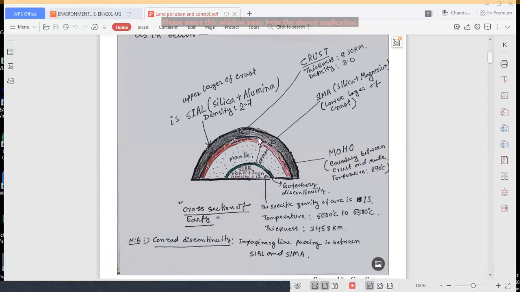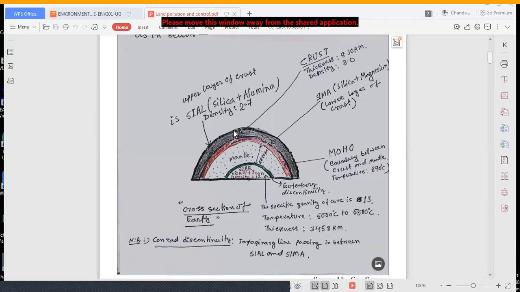The red portion, the separation line between crust and mantle, is the Moho discontinuity. And there is another discontinuity, the Conrad discontinuity. This is the imaginary line passing between sial and sima.